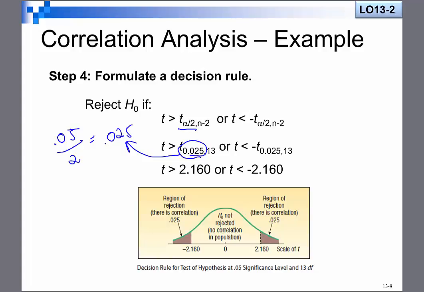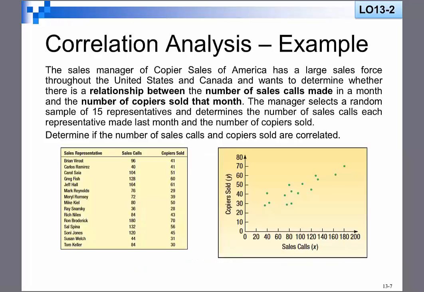And then we want to take that n minus 2. That n minus 2 will be the 15 minus 2, which is going to give us 13. And that 15 comes from the fact that there are 15 observations in our data set.